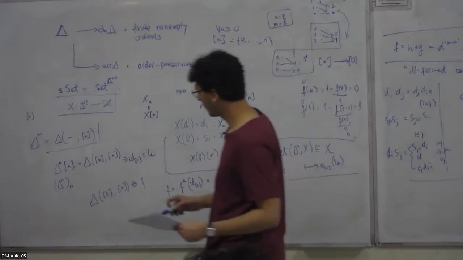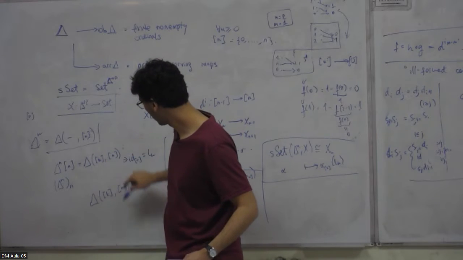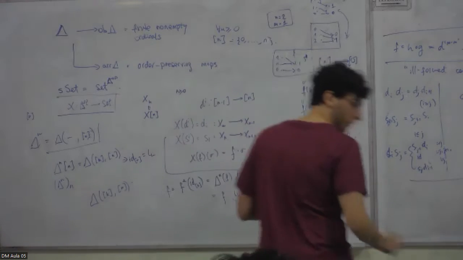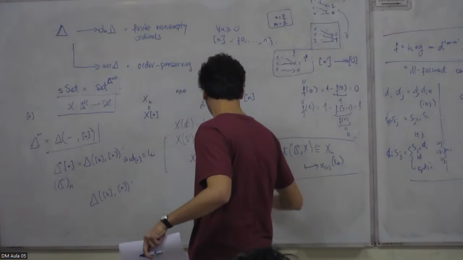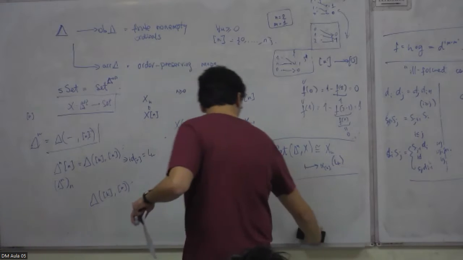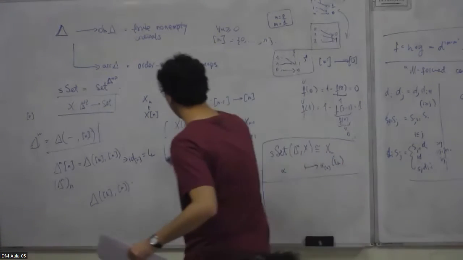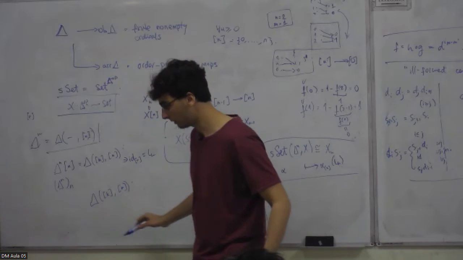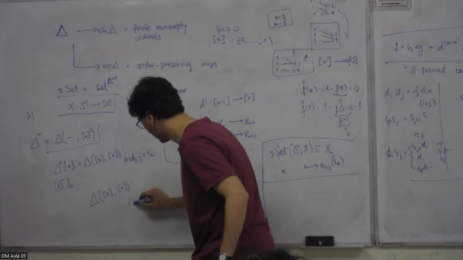These maps you can also, I'll erase some things in order to avoid confusion. So suppose I have some function from k to n. Since it is order increasing, it can be viewed as a k tuple.